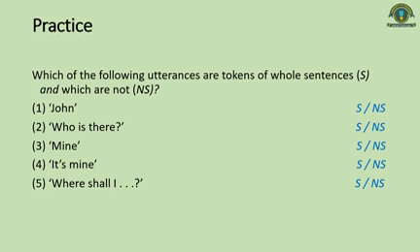Is it a sentence or not? It's mine. Again, is it a sentence or not a sentence? Where shall I? Is it also a sentence or not a sentence? Now you have to decide about all these utterances or tokens. You have been given 5 minutes for this activity.